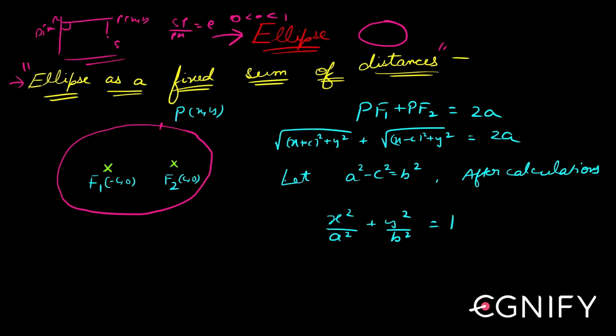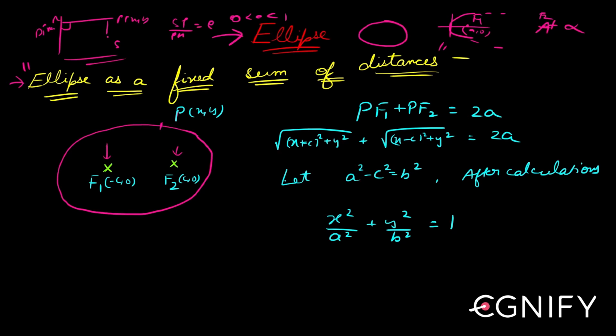So basically, these are two fixed points called foci. Unlike parabola, where you just had one focus, in fact, the parabola also has another focus, at infinity. So F1 is here, and F2 for parabola is at infinity.